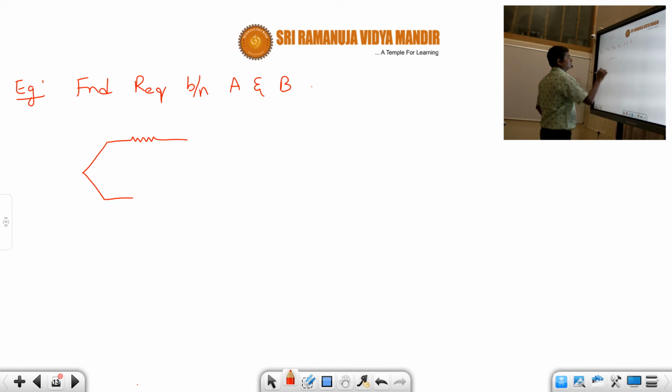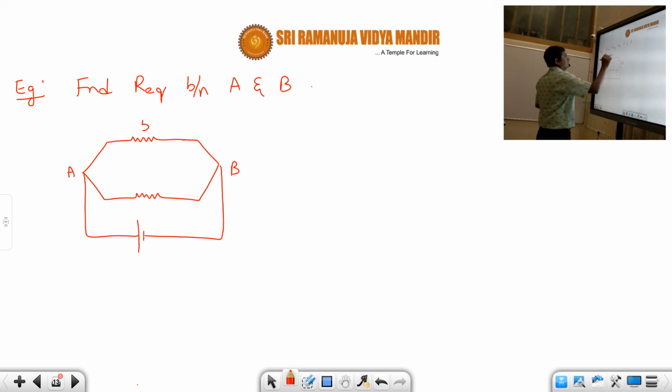Suppose this is A, this is B. Here they have given 5 ohms and here they have given 15 ohms. So now what is the equivalent resistance across?